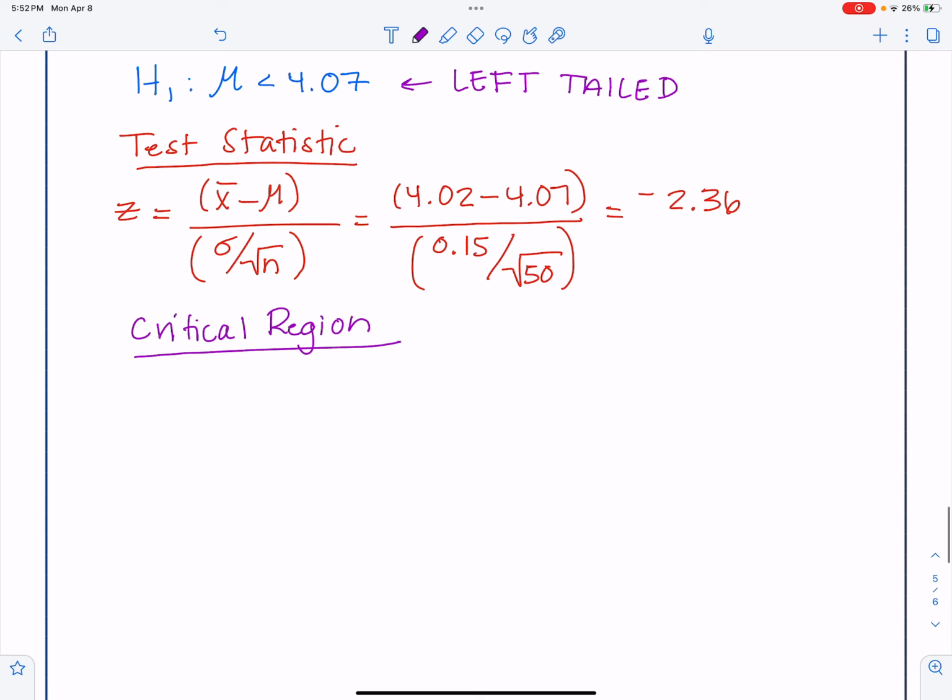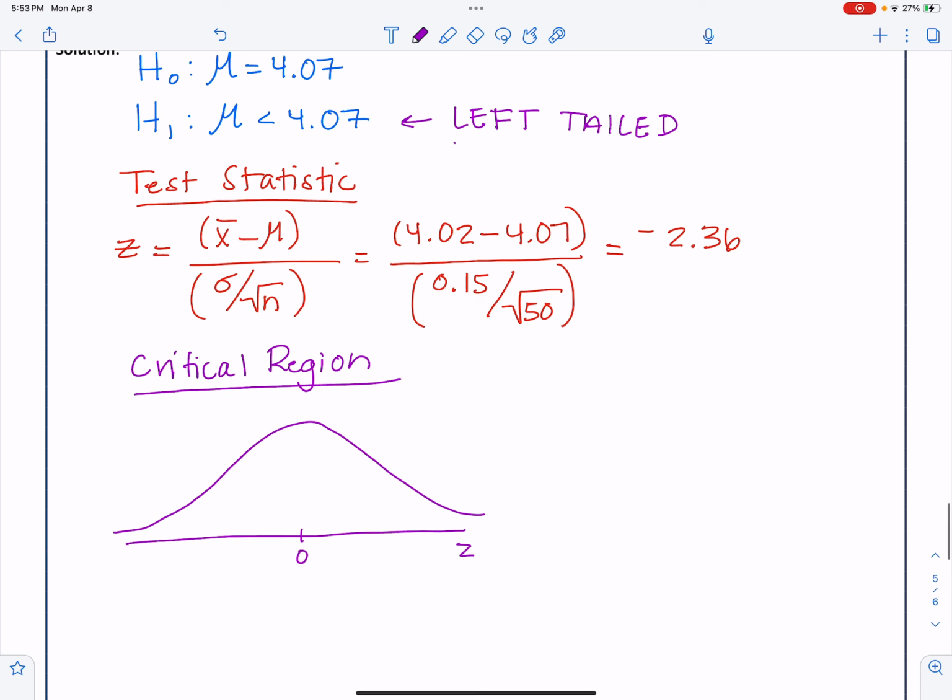For the critical region, we're going to look at a shaded region underneath our standard normal curve. So here's my standard normal curve centered at 0. I set up here that this was a left-tailed alternate hypothesis.